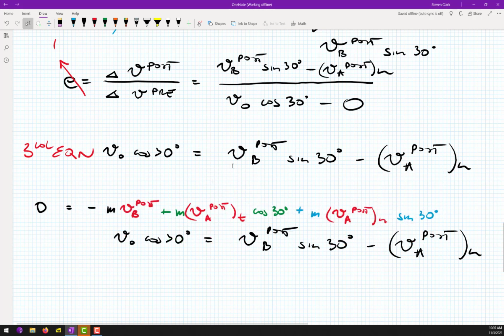Okay, guys, so what's the next step? We have two equations and two unknowns. Unknowns are red. That's solvable.